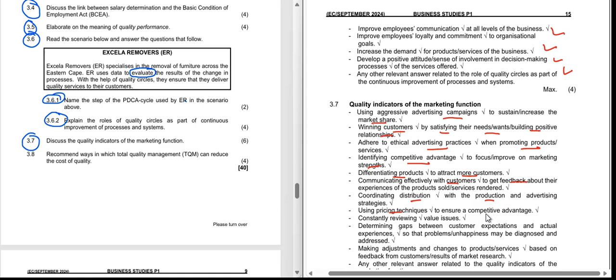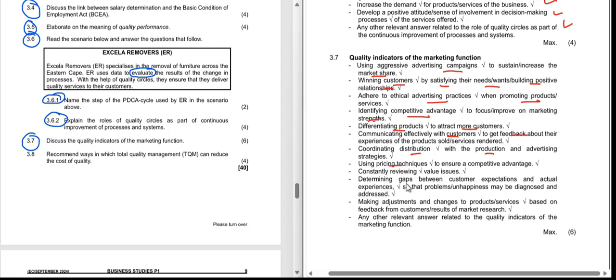For example, putting products on sale or on promotion, etc. And constantly reviewing value issues, determining gaps between customer expectations and actual experiences so that problems or unhappiness may be diagnosed and addressed, making adjustments and changes to products or services based on feedback from customers or market research. So all these things are signs that the marketing function is actually good, it's doing their job properly.